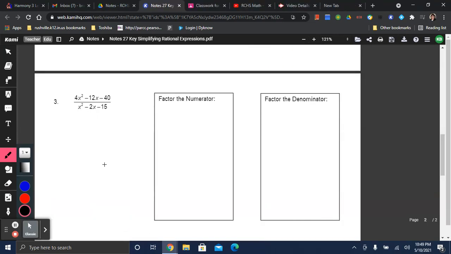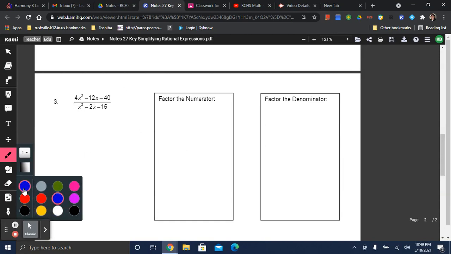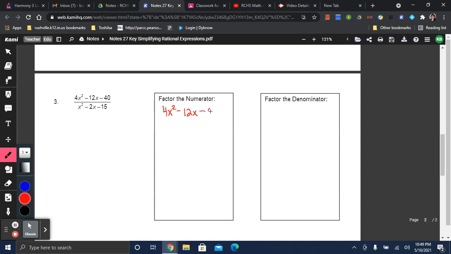All right, we're moving on to question 3 now. In this question, you'll notice that we have both the numerator and the denominator that have exponents. So we're going to need to do some factoring for each one. So the first one, I have 4x to the second minus 12x minus 40.